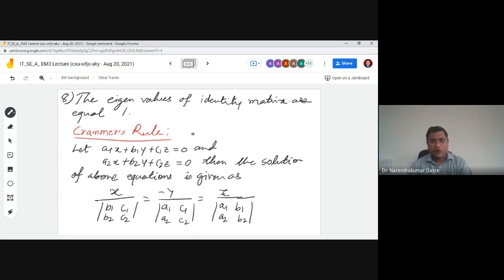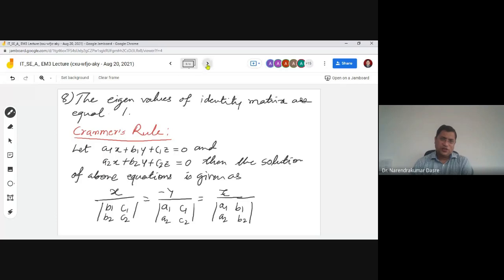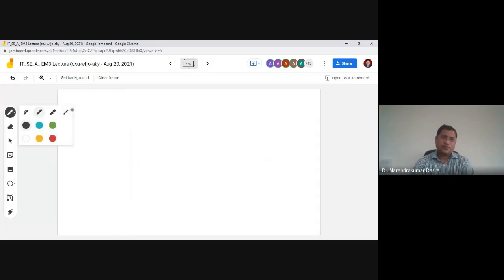Now I'll give you a shortcut to calculate the characteristic equation of a 3 by 3 matrix. Let A be a 3 by 3 matrix.